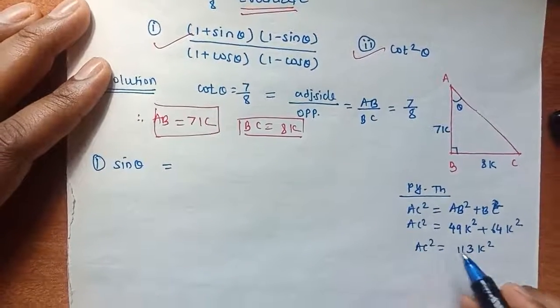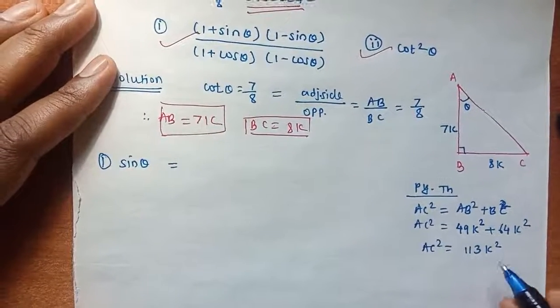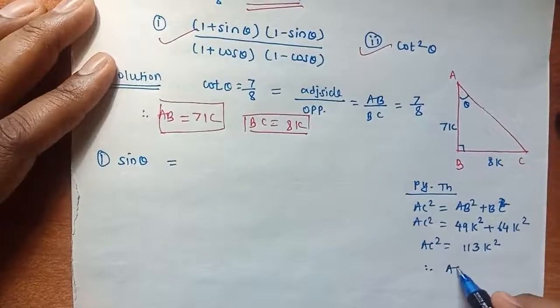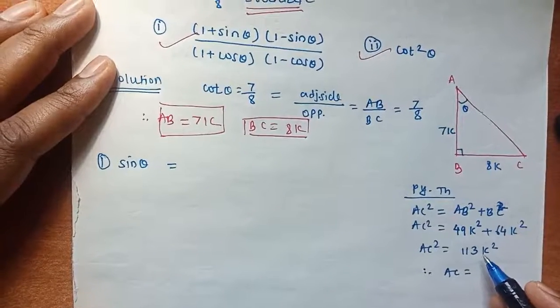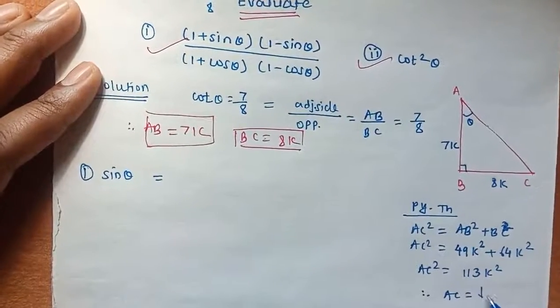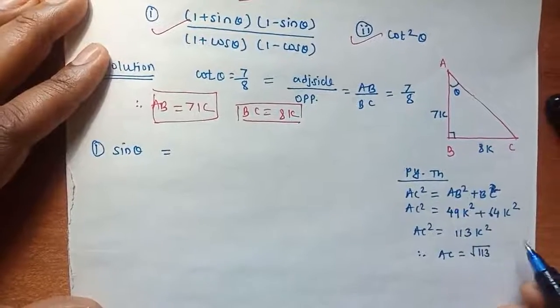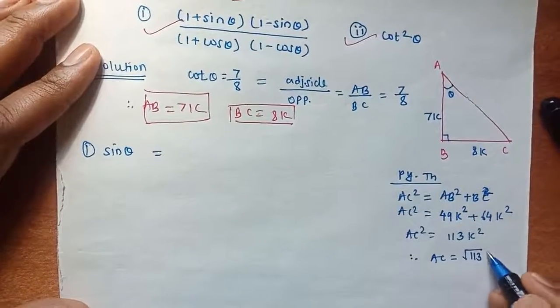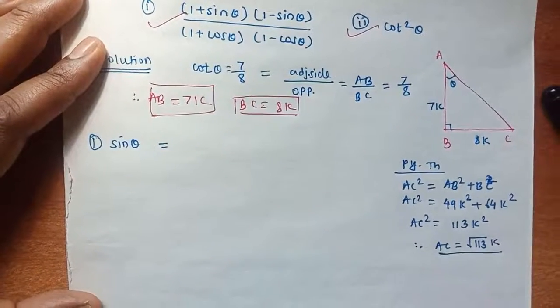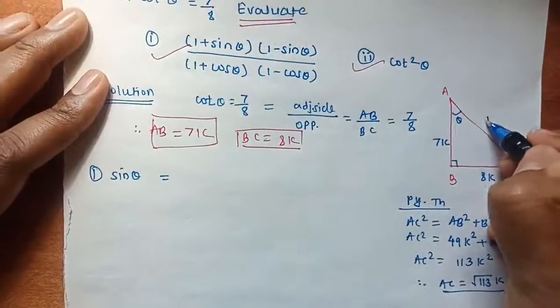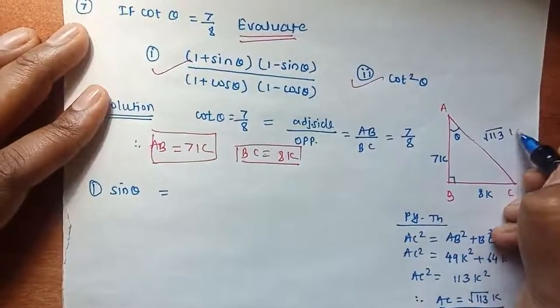So AC square is equal to 113K square. So AC is equal to root of 113K square, we don't know the root of 113. So let it be inside the square root. Square root of K square is K. So I got the hypotenuse here, root of 113K.